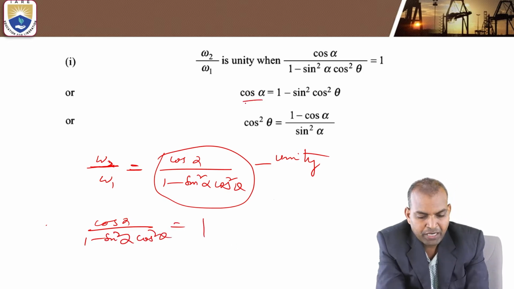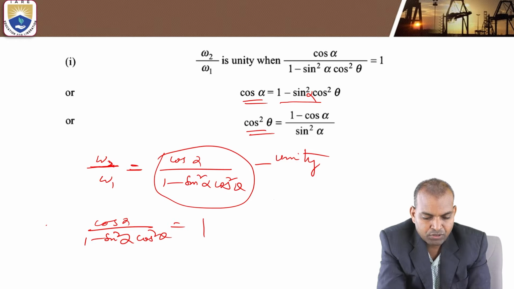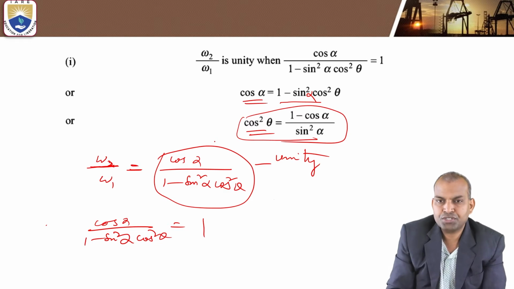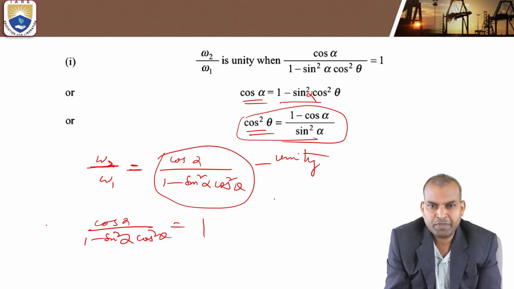Then cos alpha equals 1 minus sin square alpha cos square theta. Then cos square theta equals 1 minus cos alpha by sin square alpha. This is the relationship, the condition for obtaining the maximum velocity ratio. The maximum velocity ratio is equal to 1.